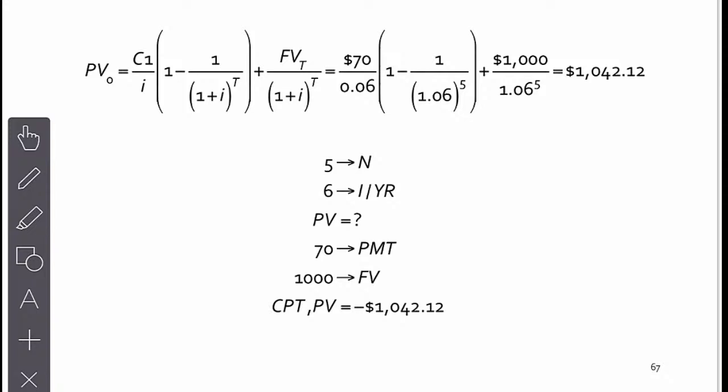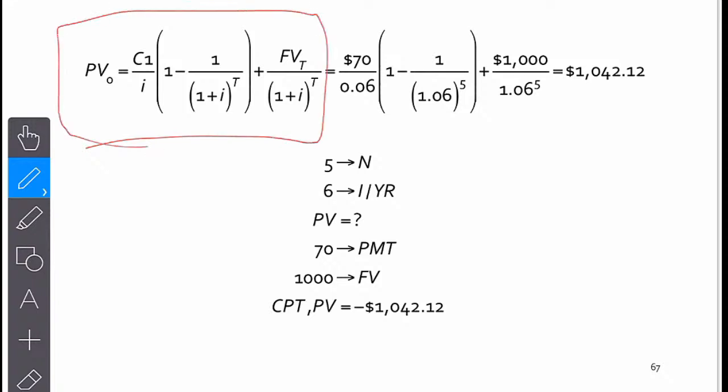So this is the basic formula then for a bond. It's a combination of the annuity formula and the basic time value of money formula, the discounted version.